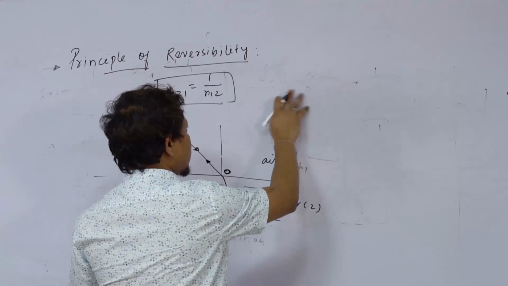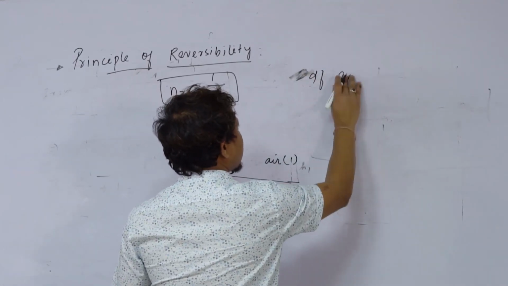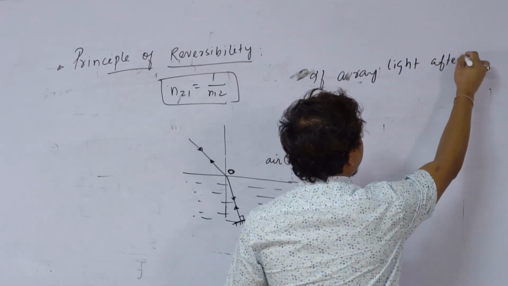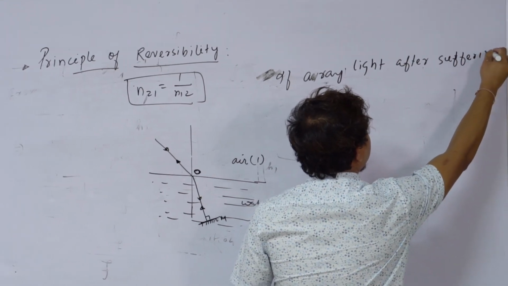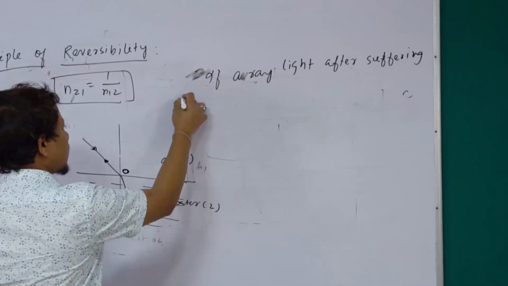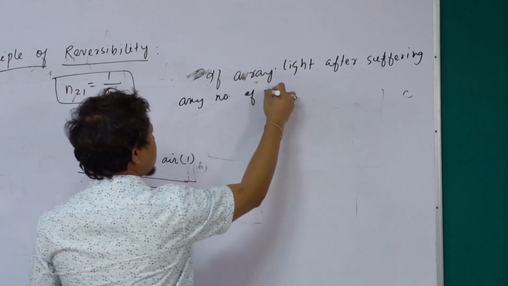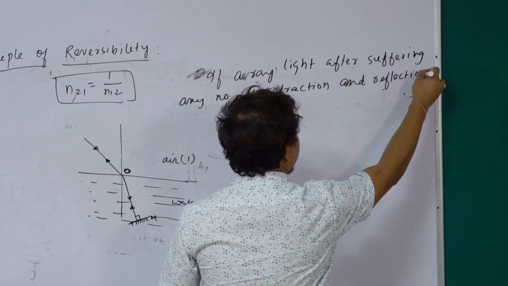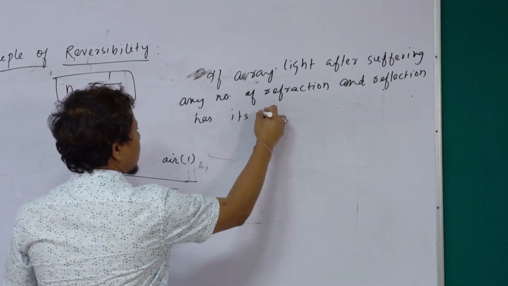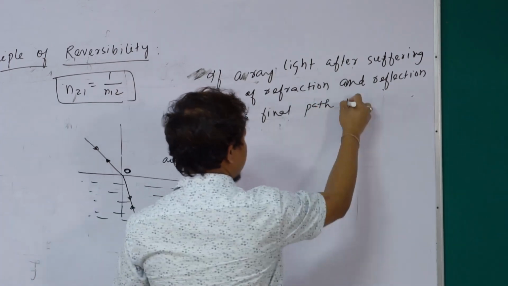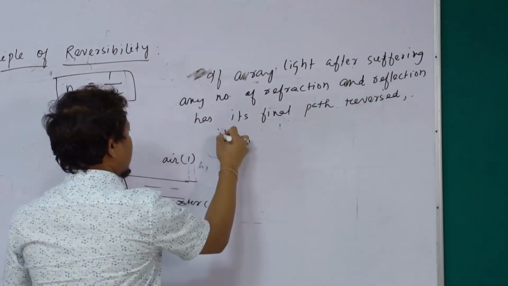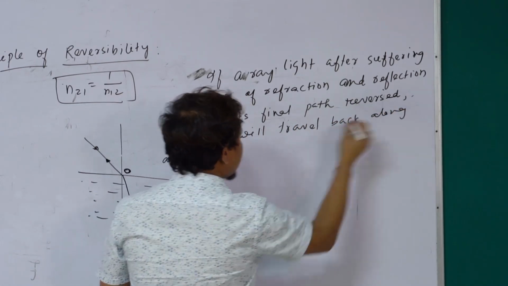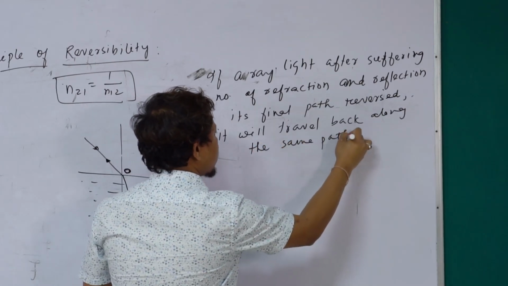So the principle of reversibility states that if a ray of light after suffering any number of refraction and reflection has its final path reversed, it will travel back along the same path. Okay.